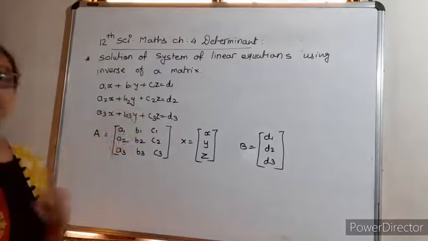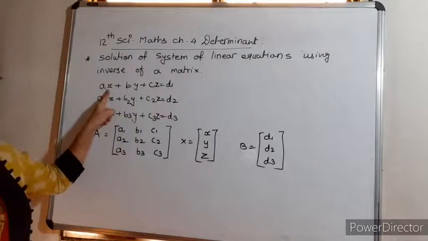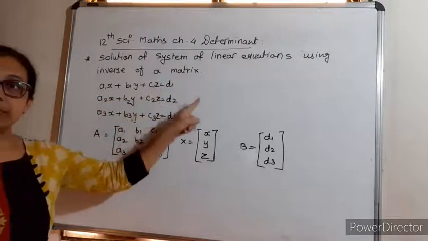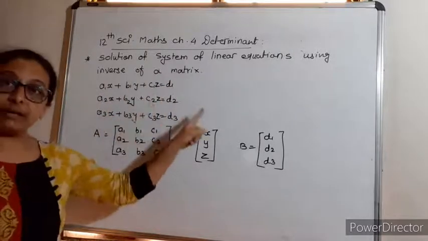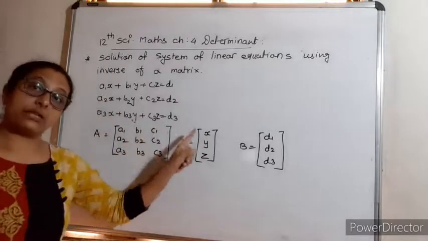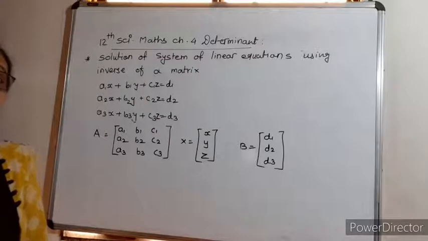So our equations will be a1x plus b1y plus c1z is equal to d1, a2x plus b2y plus c2z equal to d2, a3x plus b3y plus c3z is equal to d3. That is our linear system which we want to solve.